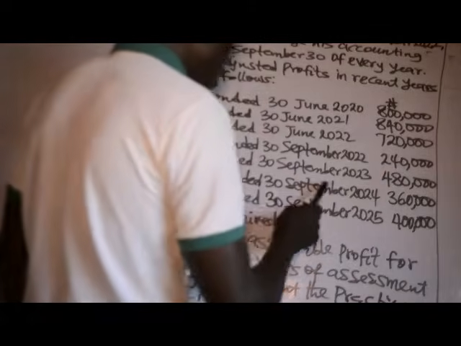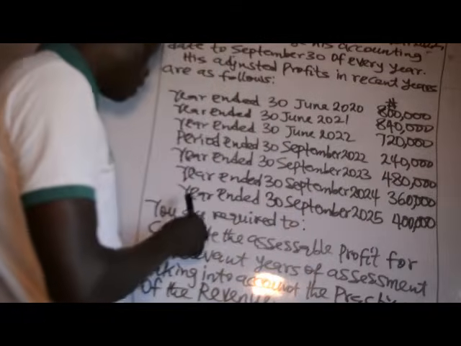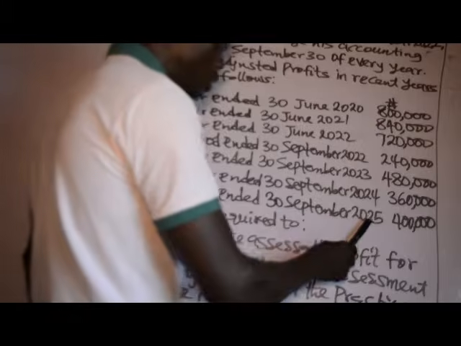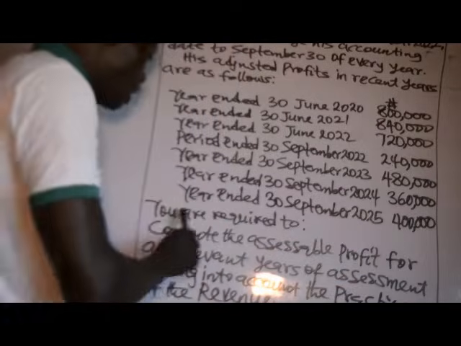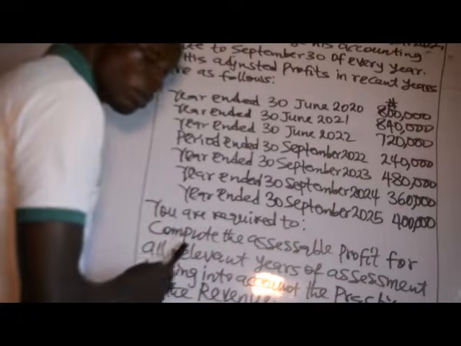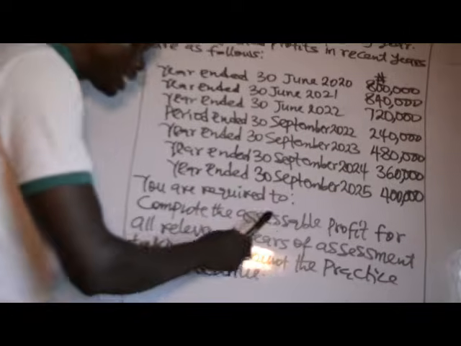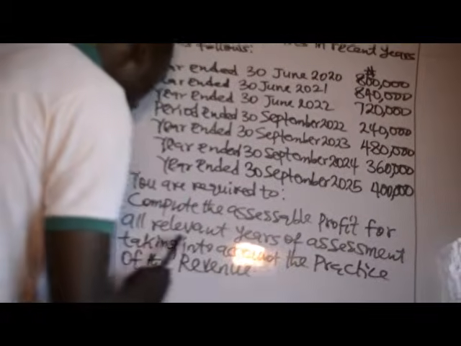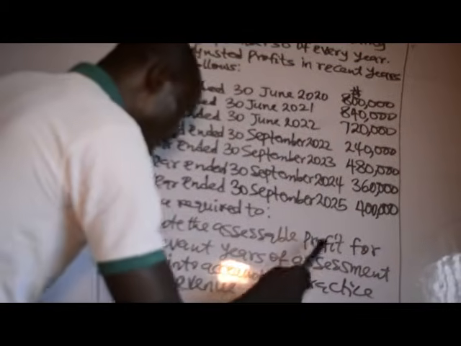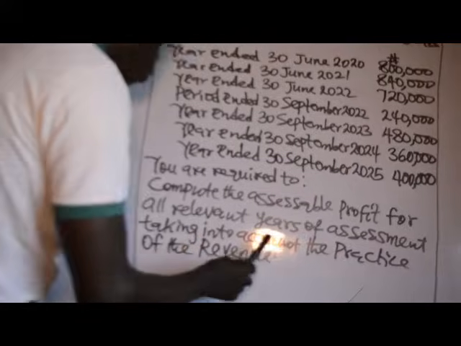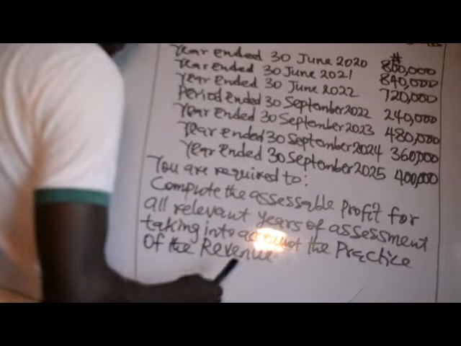Year ended 30th of September 2024, 360,000. Year ended 30th of September 2025, 400,000. You are required to compute the assessable profit for all relevant years of assessment, taking into account the practice of the revenue.